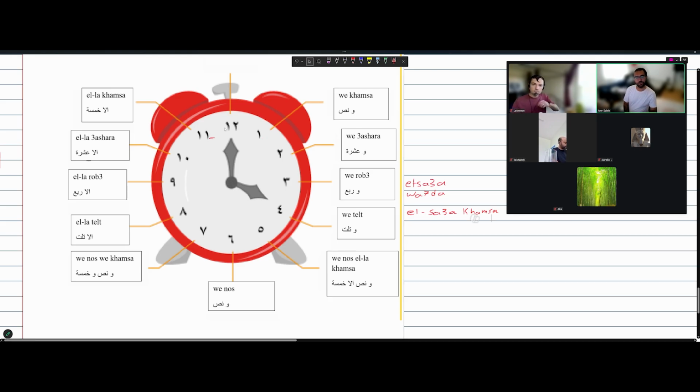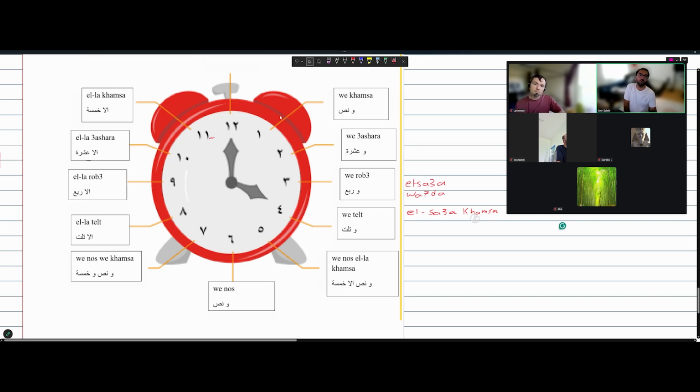Now the way you say the minutes: if it's 5 minutes after the hour started, like we're going to start with 12, that's our 0 minutes mark. 5 minutes past that, we say و and خمسة.